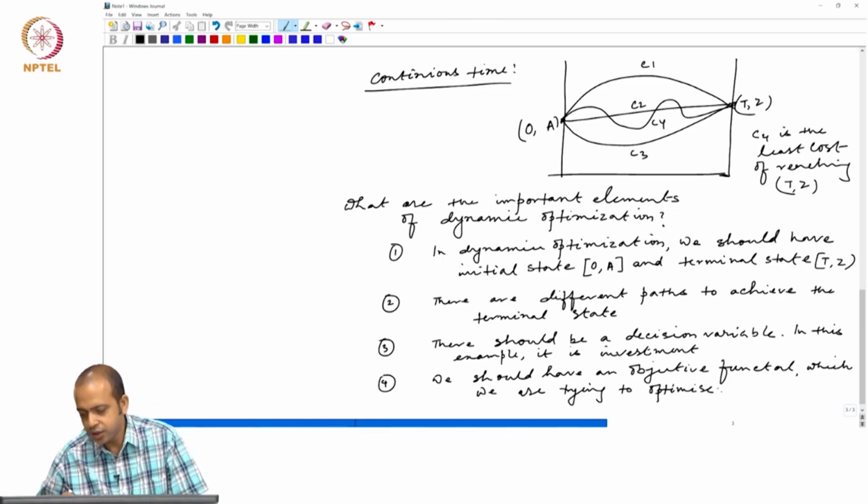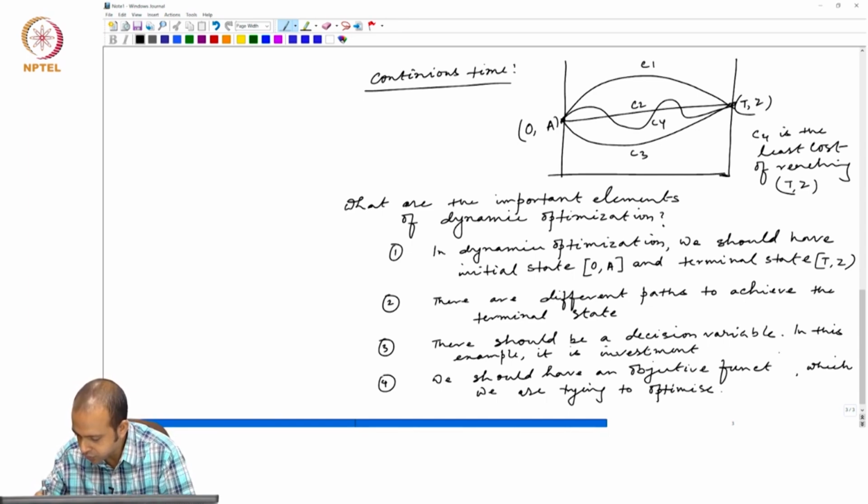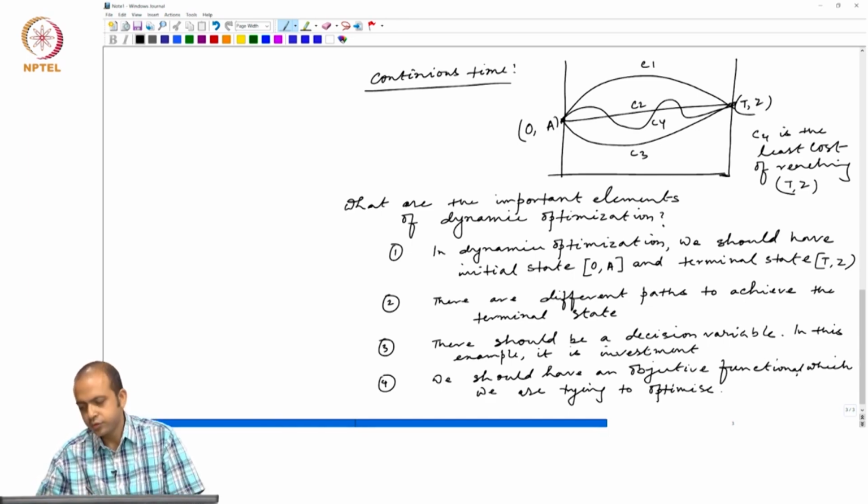Now, look here, we are saying objective functional. Okay, functional. This is called a functional.